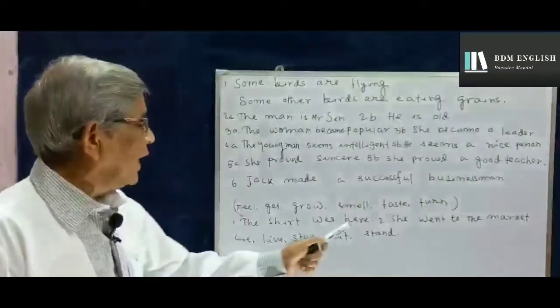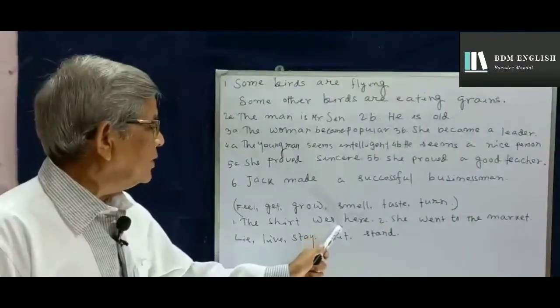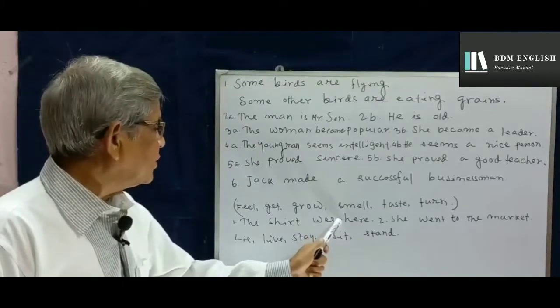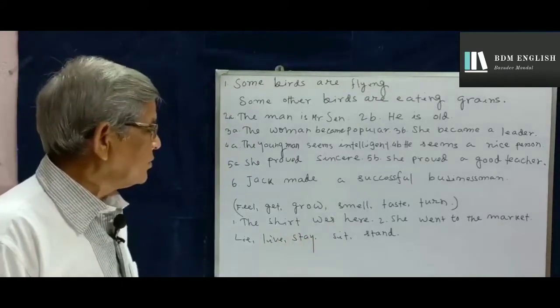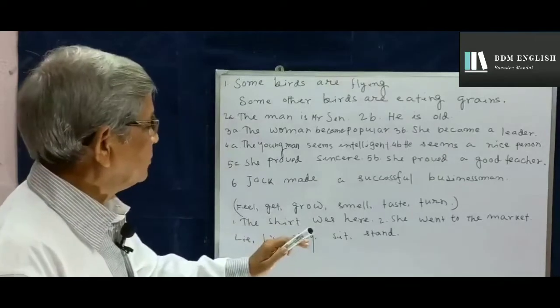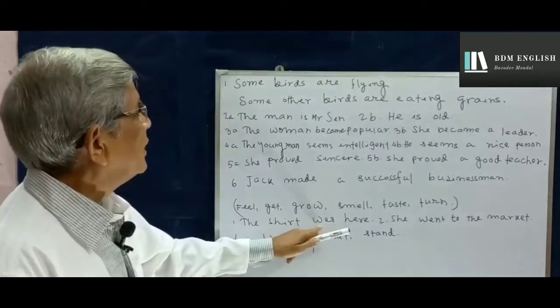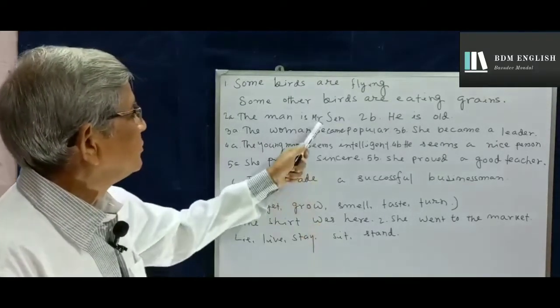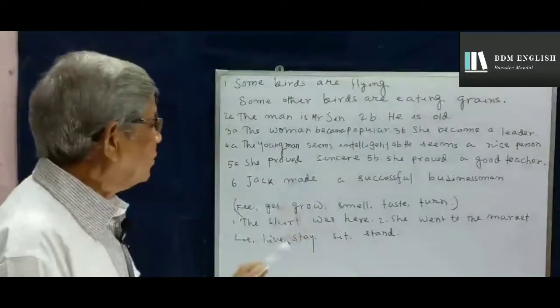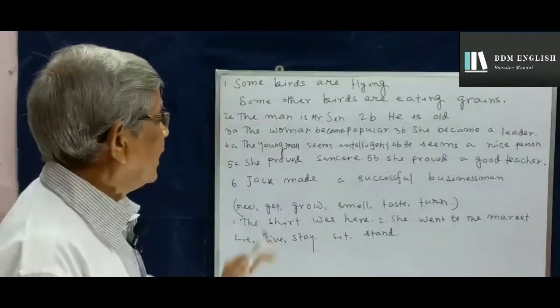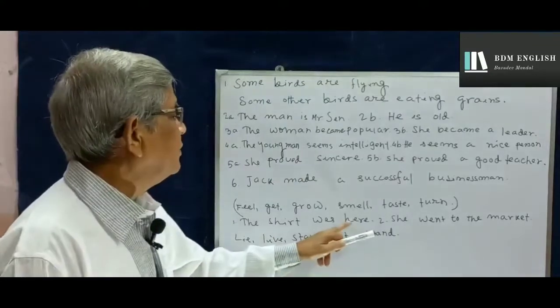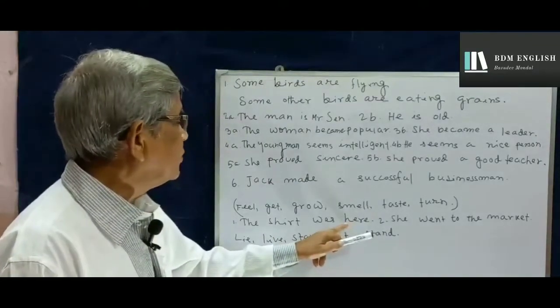The shirt was here. We cannot end the predicate here. The shirt was. It does not carry any sense. So we must put after the verb was either a noun or an adjective, or we can also place an adverbial of place. The shirt was here.